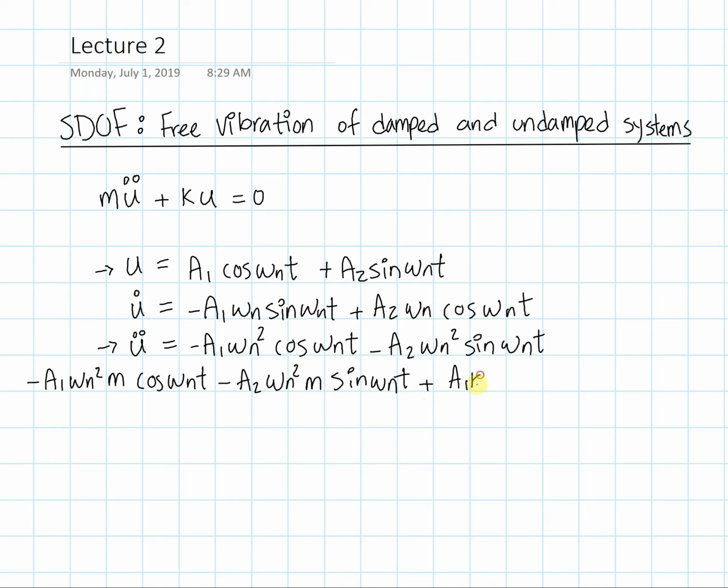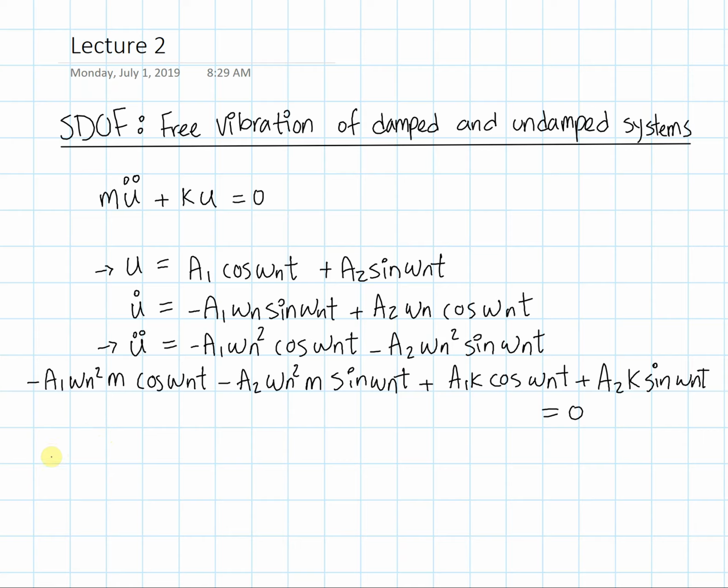We have a1 k cosine omega n t plus a2 k sine omega n t, and this whole setup equals 0. Now what we want to do is collect all the cosine and sine terms and see where we can go from there.